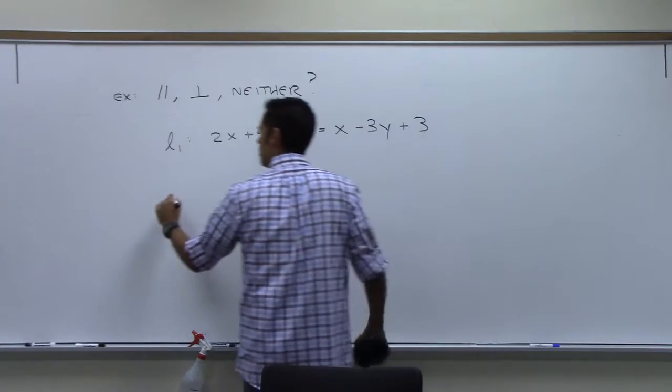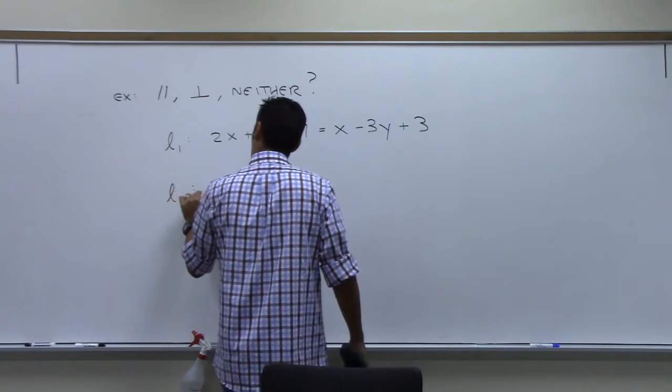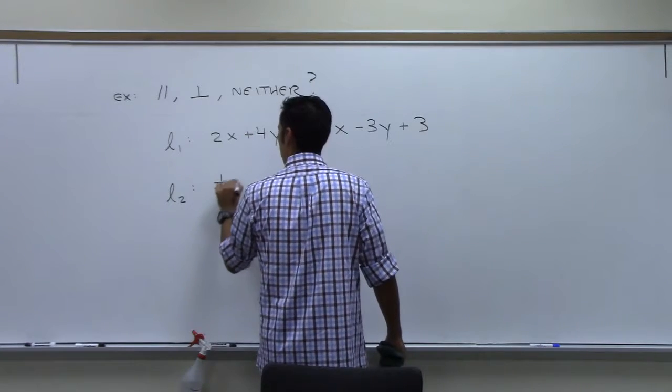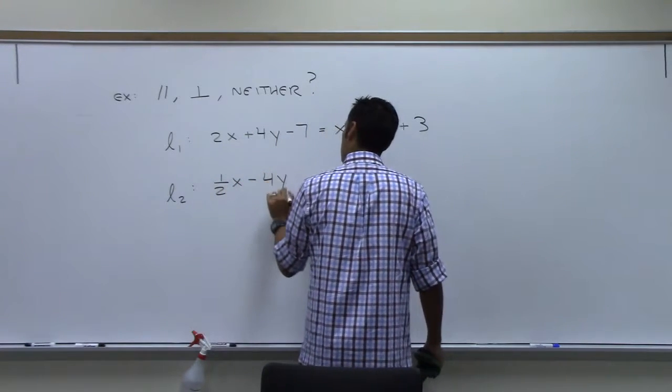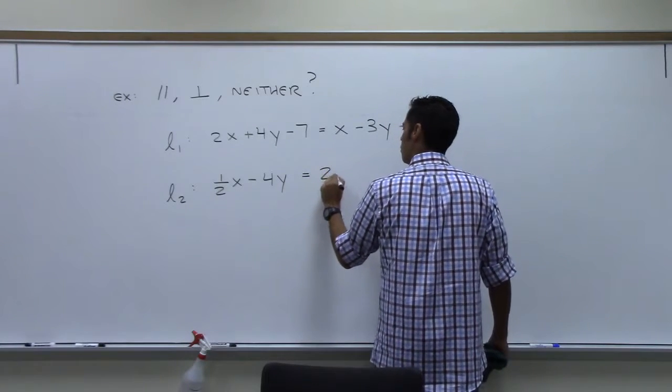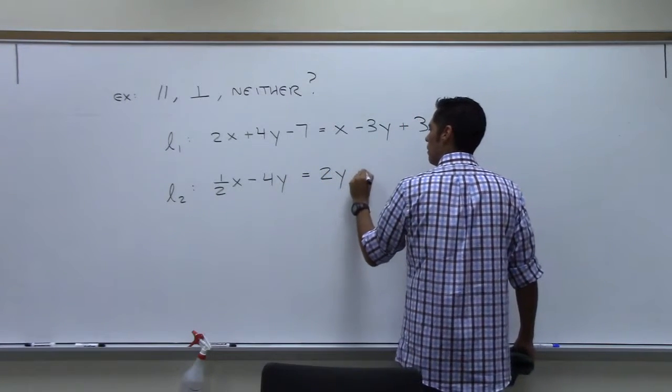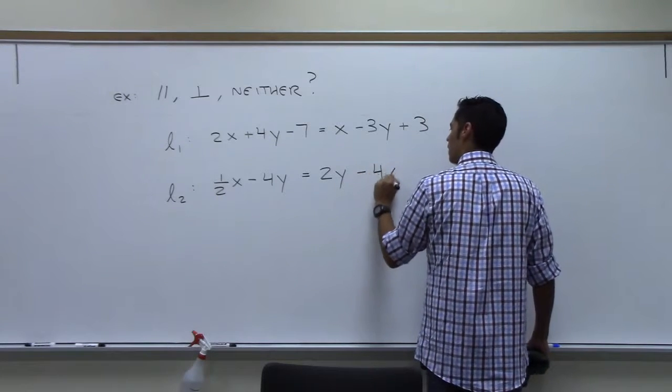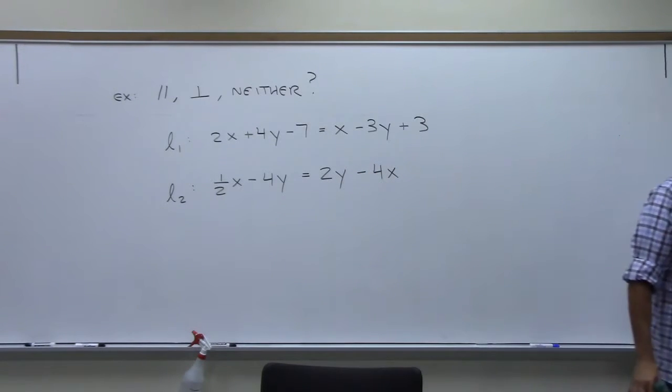And the other one, L2, is 1/2 x minus 4y equals 2y minus 4x. All right.